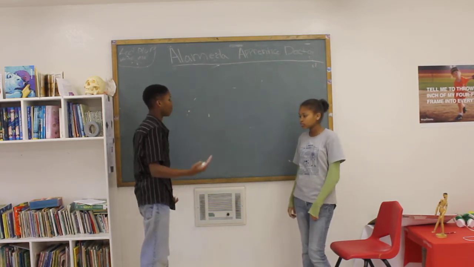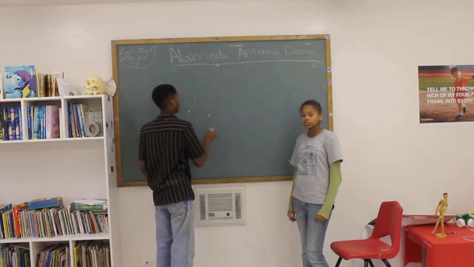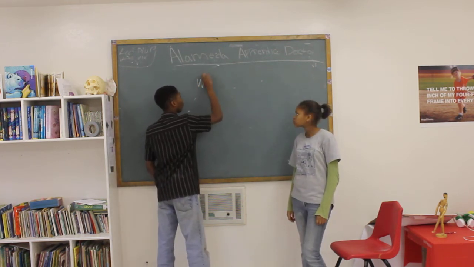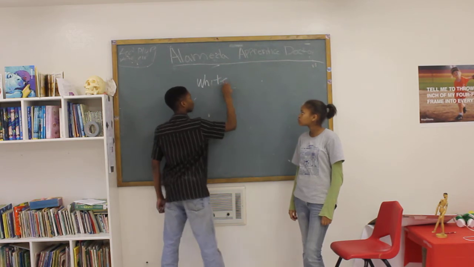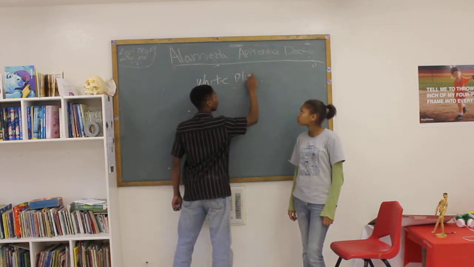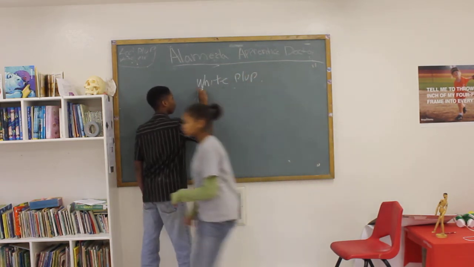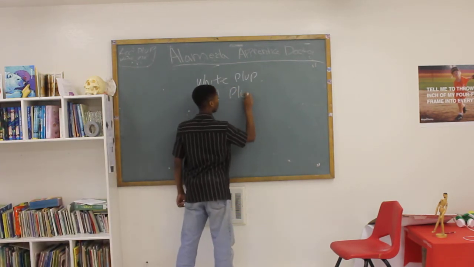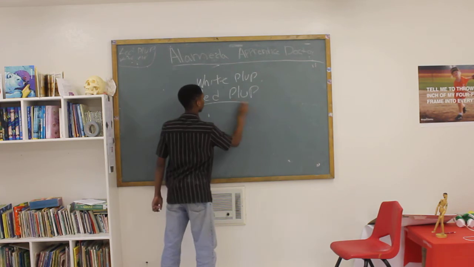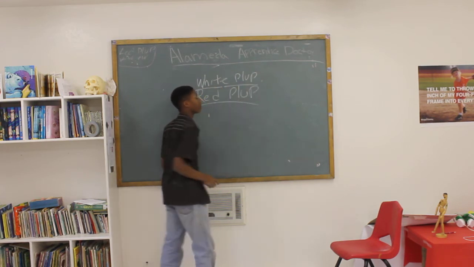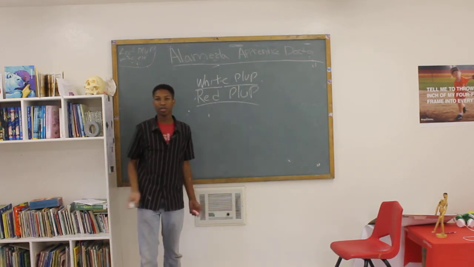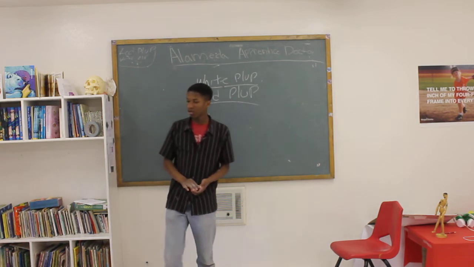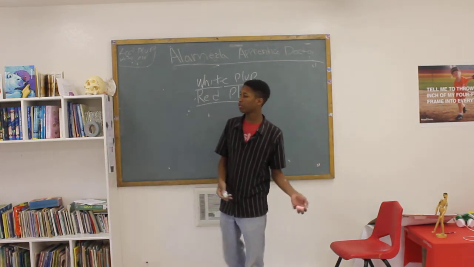Pulp is basically what makes up the inside of the spleen. So you have white pulp and you have red pulp, and these are the two pulps that make up the embodiment of the spleen. So that's a basic outline of what the spleen is.